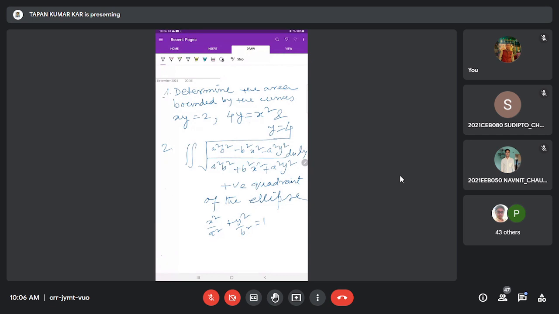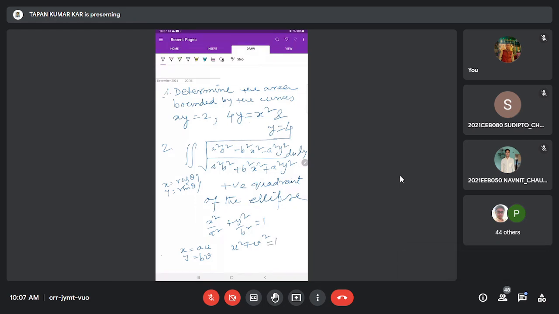If it is a circle, usually we consider x equal to r cos theta, y equal to r sin theta. But if it is an ellipse, usually our first intention is to convert the ellipse to a circle. If you give a transformation x equal to a u, y equal to b v, then it will be u square plus v square equal to 1, a circle.